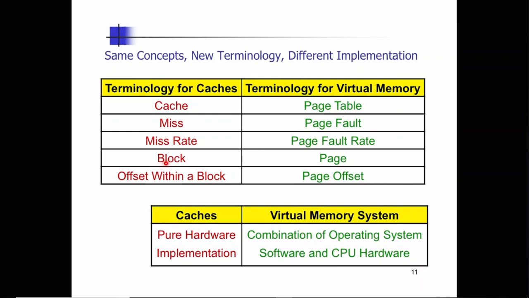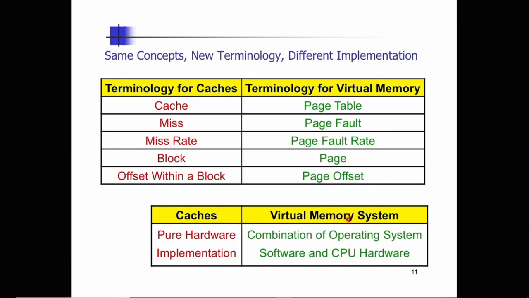A block, which is a collection of words in cache. Over here we have a page, which is a fixed length contiguous memory. In a cache, we were using an offset within a block. Over here in virtual memory, we are using bits to suggest the offset within a page. Cache is real. It's a pure hardware implementation. It is relatively very small and very close to the processor.